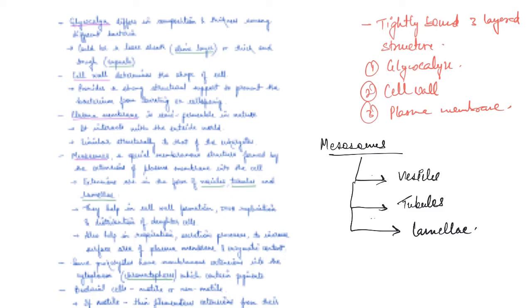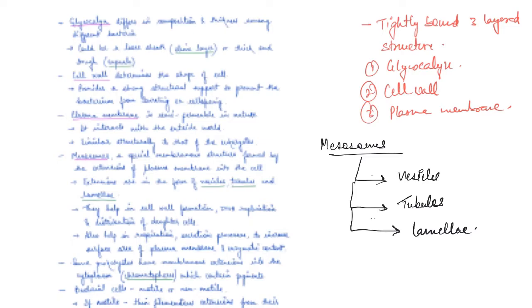Apart from that, they also help in respiration, they help in secretion processes, they help to increase the surface area of the plasma membrane, and they help in enzymatic contact. So the mesosome is very, very important in prokaryotic cells.